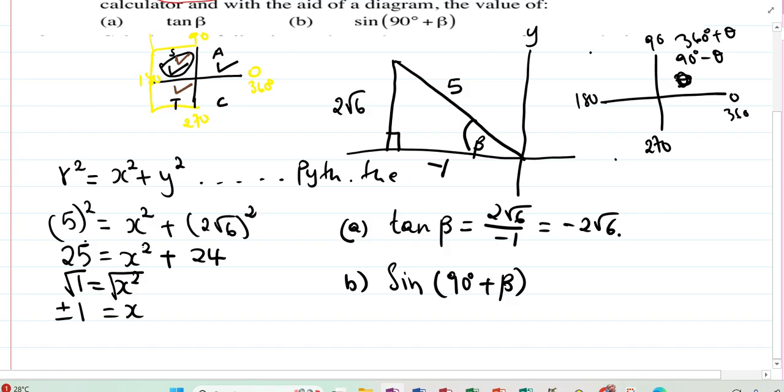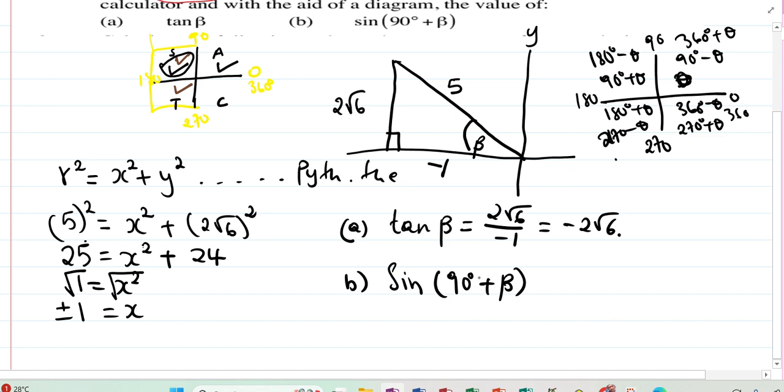Everything in the second quadrant is 180 minus theta, or 90 plus theta. In the third we have 180 plus theta, or 270 minus theta. In the fourth we have 360 minus theta, or 270 plus theta.